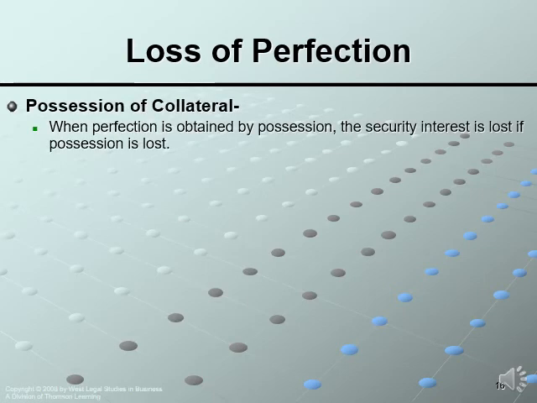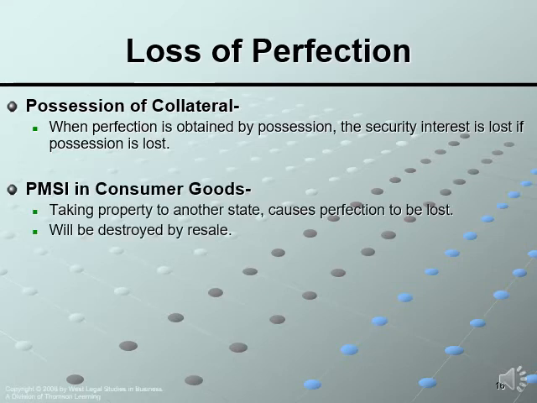You can lose perfection if the creditor got perfection through possession of the collateral. If the creditor gives up possession of the collateral, the perfection will be lost. That was a tongue twister. Also, if you have a PMSI in a consumer good, and that's the only way you got perfection, a resale destroys that perfection. It doesn't destroy attachment, but it will destroy perfection.